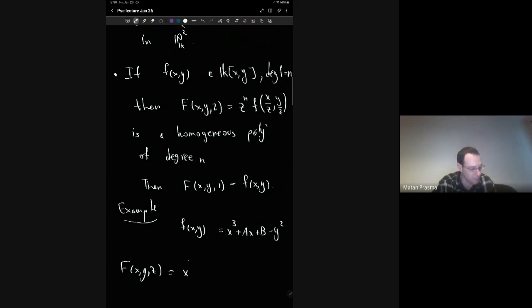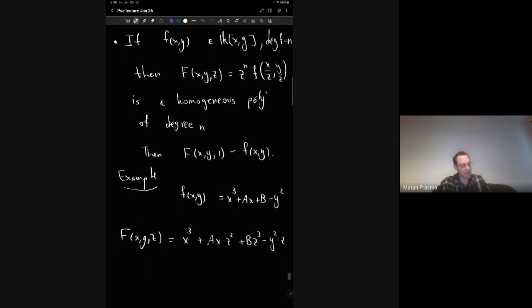So x cubed remains as is. Then I have a x z squared. Then I have b z cubed. And then y squared times z. And of course F(x, y, 1) is going to be simply the original polynomial f(x, y). Okay, so far is it clear?